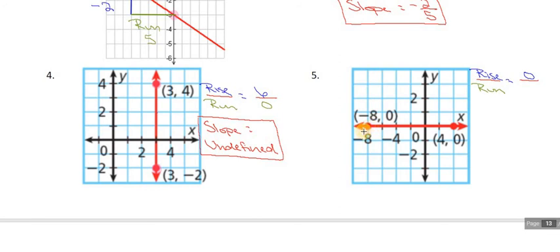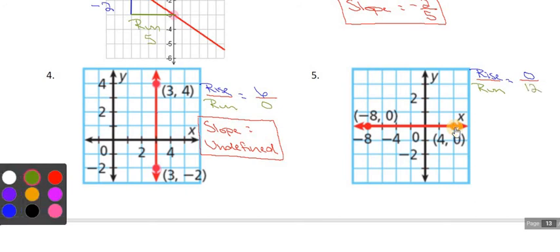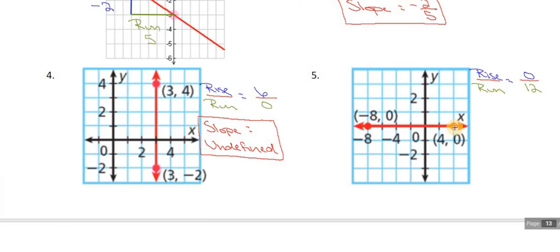0, -2, -4, -6, -8. So when we run from our left point to our right point, every box counts as 2. So 2, 4, 6, 8, 10, 12. So our run is +12. Well, 0 divided by 12 we can do. We can have 0 on the top, and that's going to give us 0.